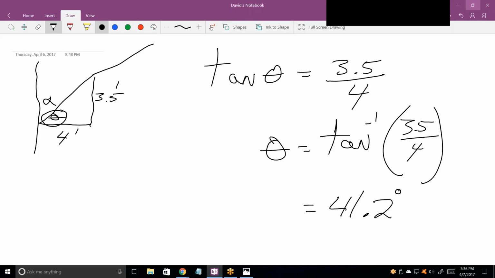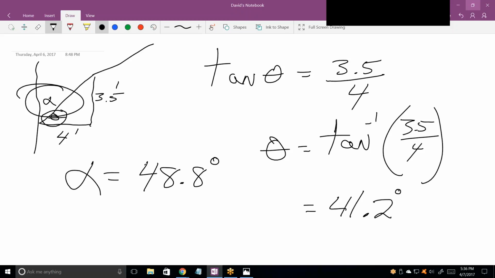That makes sense because the inverse tan of 1 is 45 degrees. So the inverse tan of a number slightly less than 1 being 41 degrees makes all the sense in the world, which makes the answer what? What's alpha? 48.8 degrees. All right.